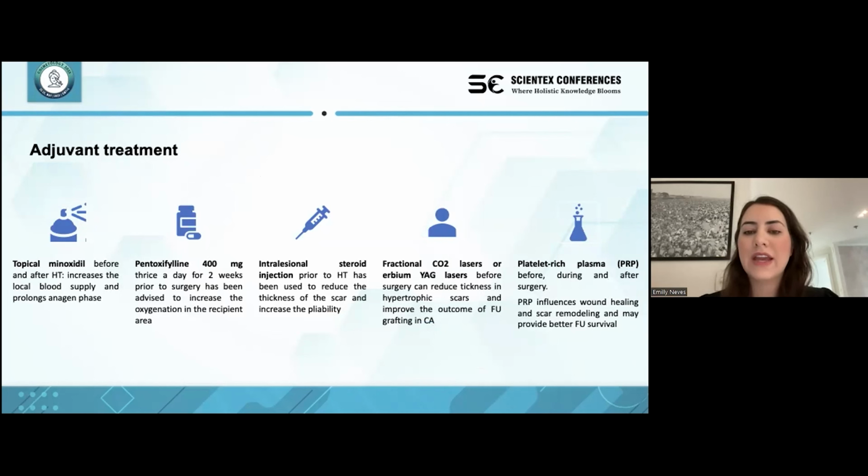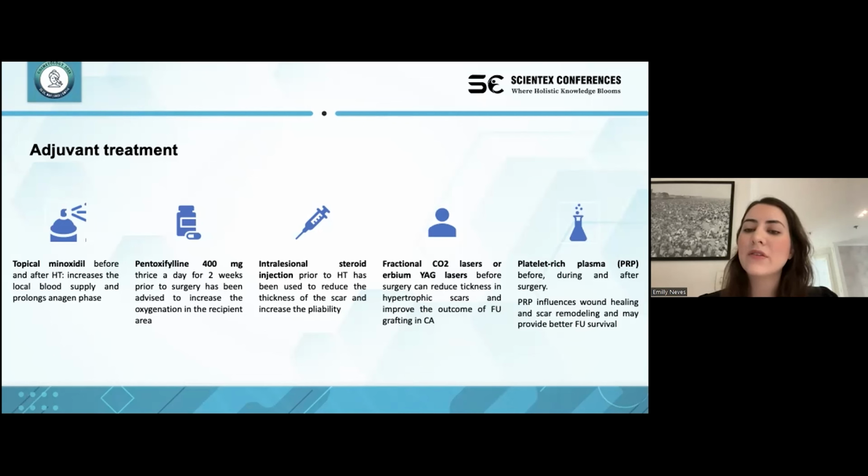Intralesional steroid injection and topical corticosteroids can be used to reduce the scarring area thickness and increase the pliability. Fractional lasers and Erbium-YAG lasers can be performed before the surgery to reduce thickness in hypertrophic scars and improve the outcome of the grafting in cicatricial alopecias.